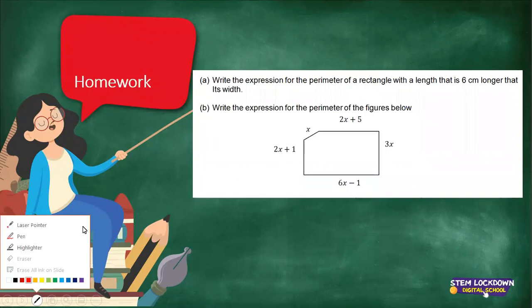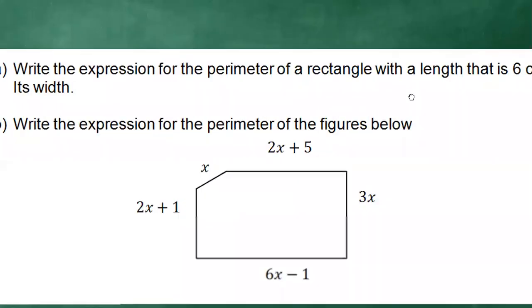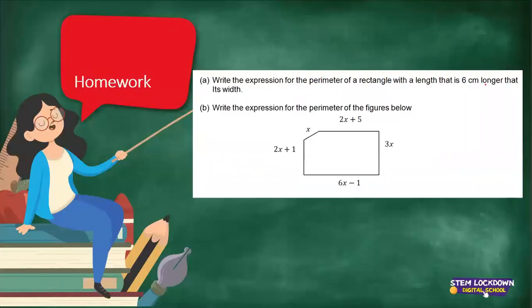The first question there is, write the expression for the perimeter of a rectangle with length 6 centimeters longer than the width. So I need my answers. Please write your answers for A.